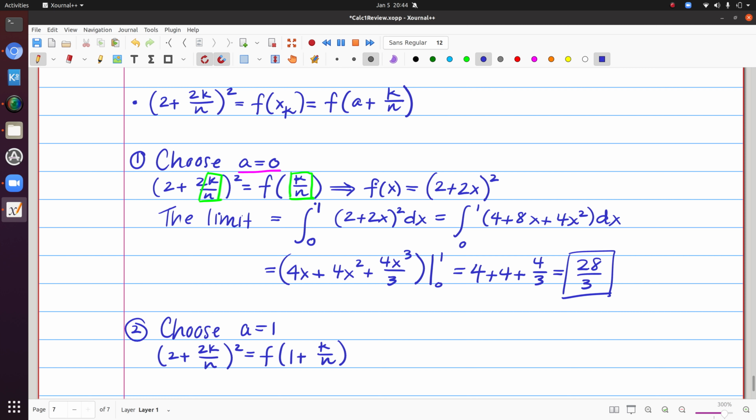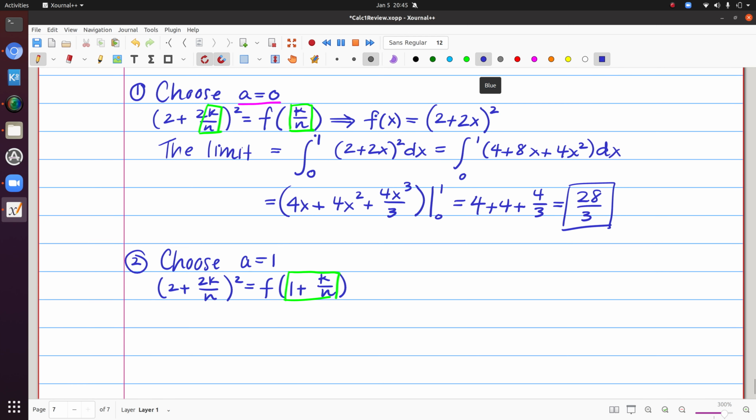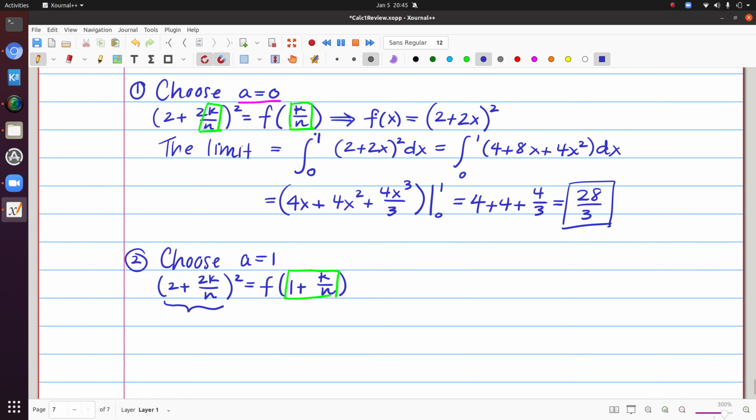So here I'd have to figure out what happens to this. It's a little difficult in the current way that it's written to see that, but it would be easier if I observed that what I have here is the same thing as 2 times the quantity 1 plus k over n, all squared. That's an equivalent way to write the left-hand side. And in doing so, I get a clear idea of what happens to 1 plus k over n.